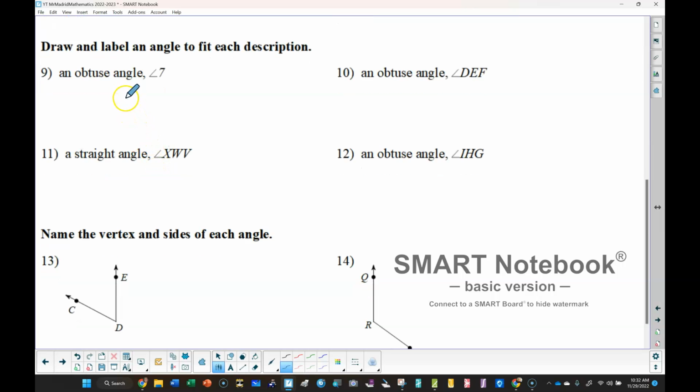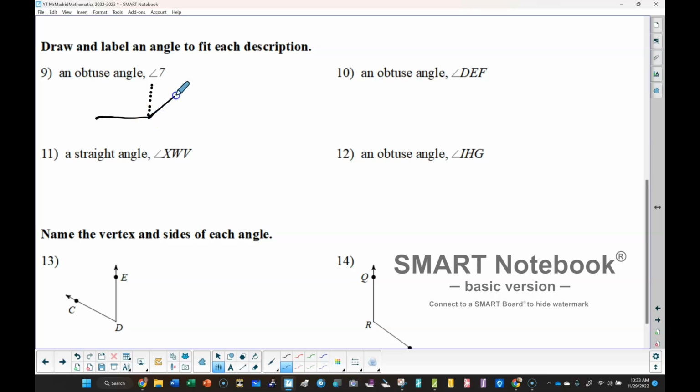Next up is draw and label an angle to fit each description. With this same lesson in mind, they want an obtuse angle, and for us to call it angle 7. So let's produce something that is larger than 90.